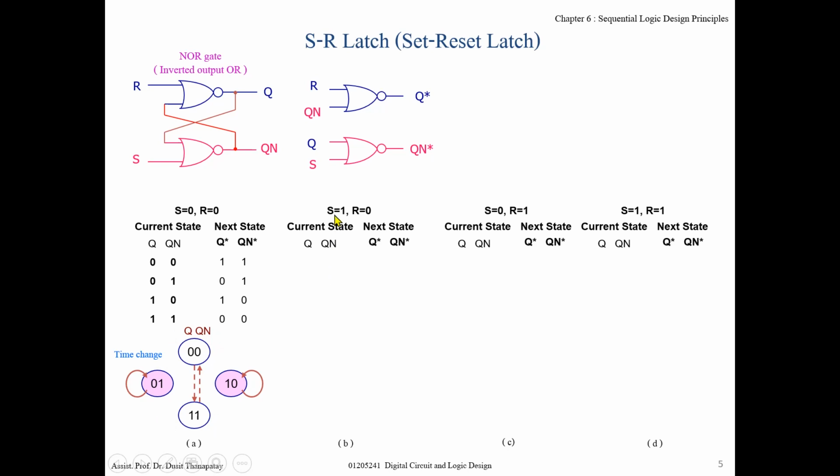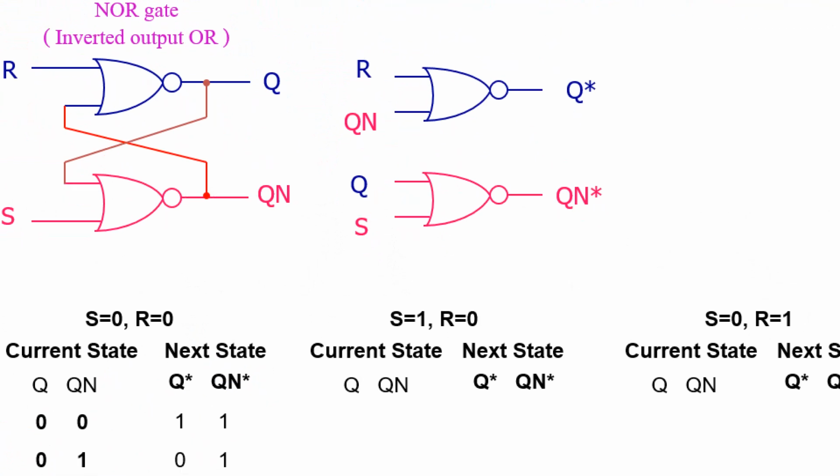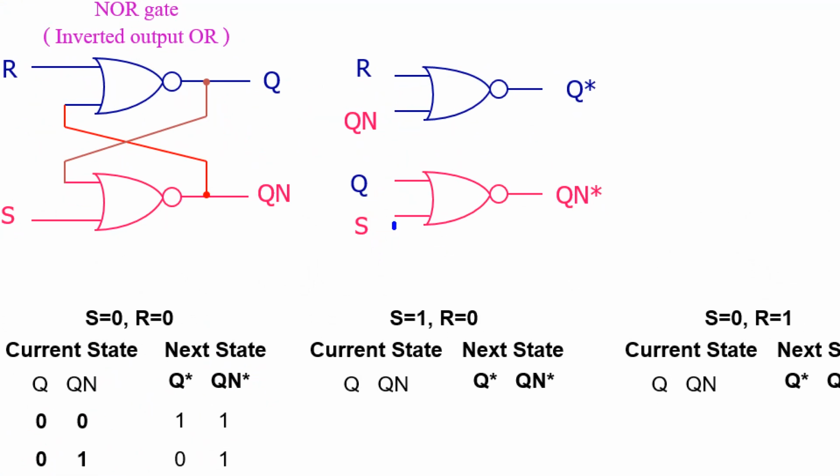And how about if S is 1, R is 0? When S is 1, 1 or anything is 1, right? When inverted, it becomes 0 here. And for R is 0, 0 or Qn is Qn, and when inverted it is Qn prime.